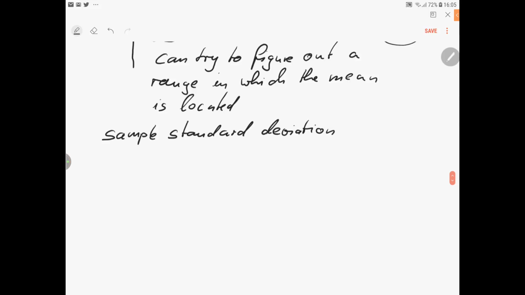And the equation for a sample standard deviation is fairly similar to what we have done with the population standard deviation. There is a slight change in it. So the sample standard deviation is abbreviated with an S.